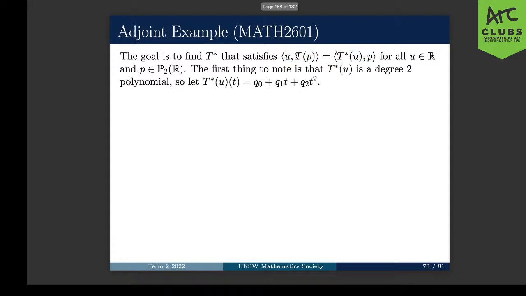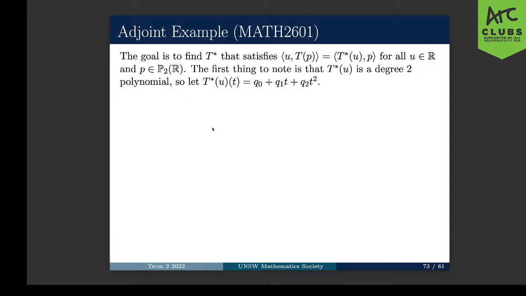First, note that T star of a real number should give us a polynomial of degree 2 or less, because the adjoint goes the other way: it takes in a real number and gives us a polynomial.